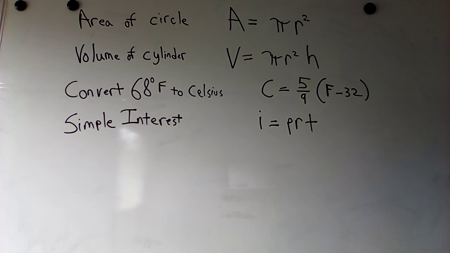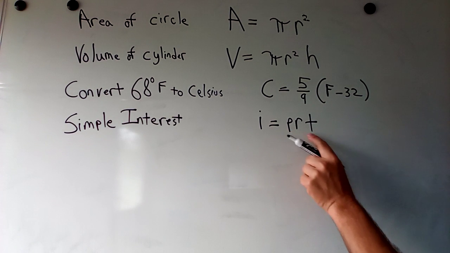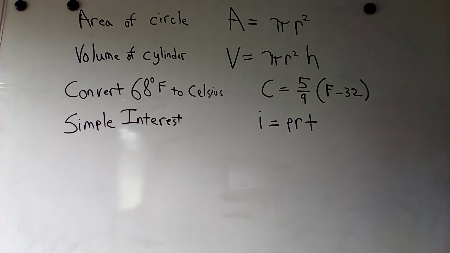Simple interest, this is the one we'll do the most with, because this is something that you need to be aware of when you start to purchase something, especially a car. A lot of people taking this algebra class are in 9th grade, around 14 years old, 15 years old, somewhere in there, and it won't be long before you're looking at a car.